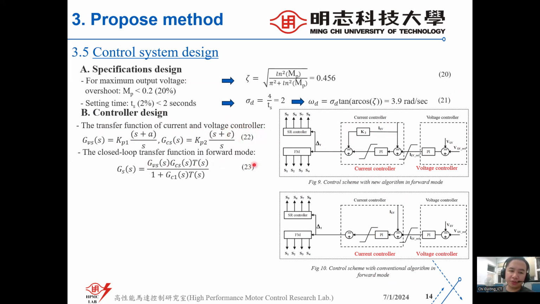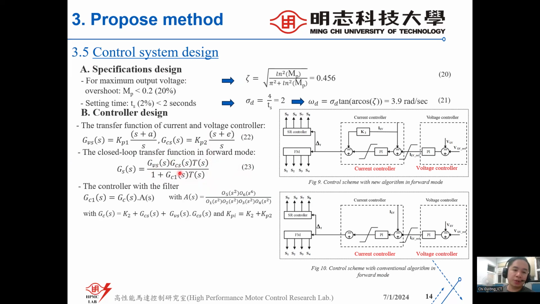The closed loop transfer function in the forward mode can be described in equation 23, with the voltage controller multiplied by the current controller multiplied by the plant, and we have a controller VC1, with VC1 equal to VC multiplied by A(s), with VC equal to the capacitor gain plus the current controller multiplied by the current controller, and we determine the KPI.